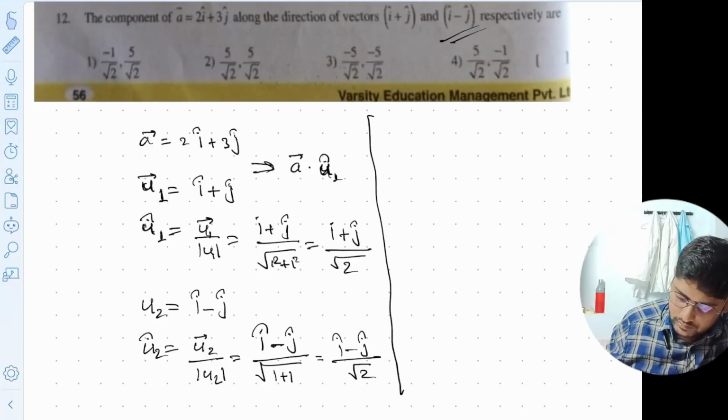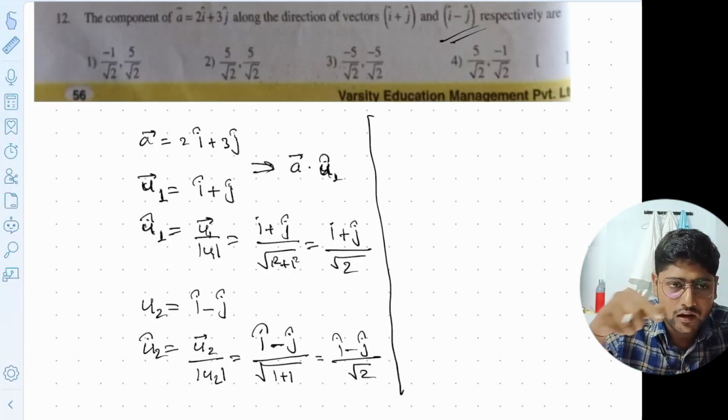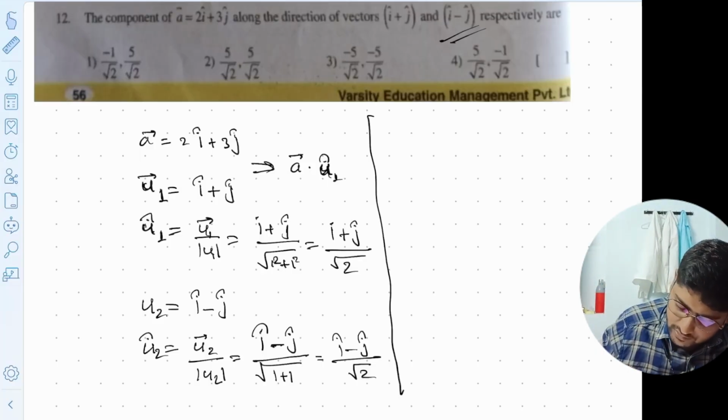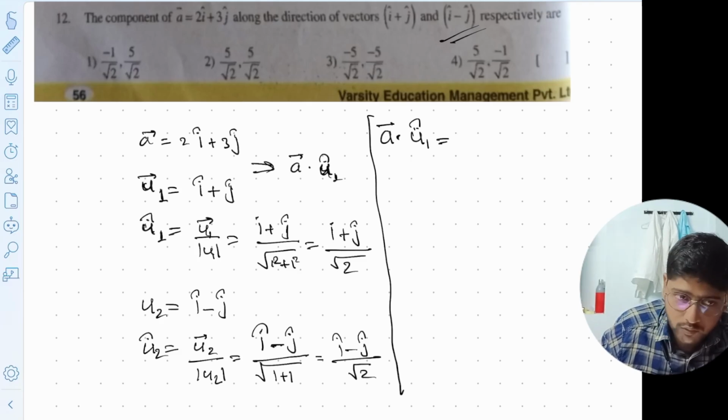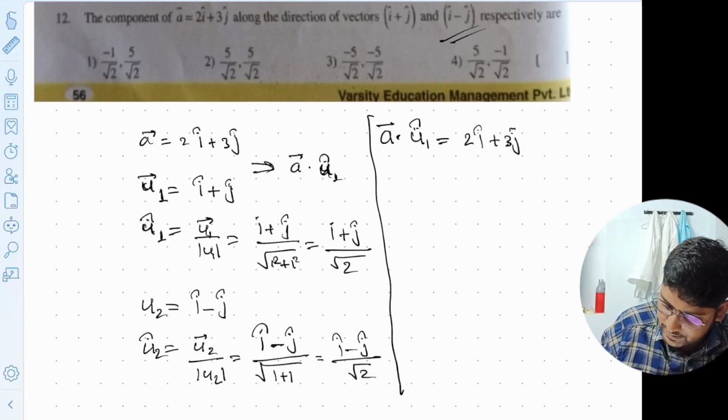Now the component of a vector along the direction of i cap plus j cap will be the vector a dot product with u1 cap. So it equals 2i cap plus 3j cap, dot product with i cap plus j cap divided by root 2.